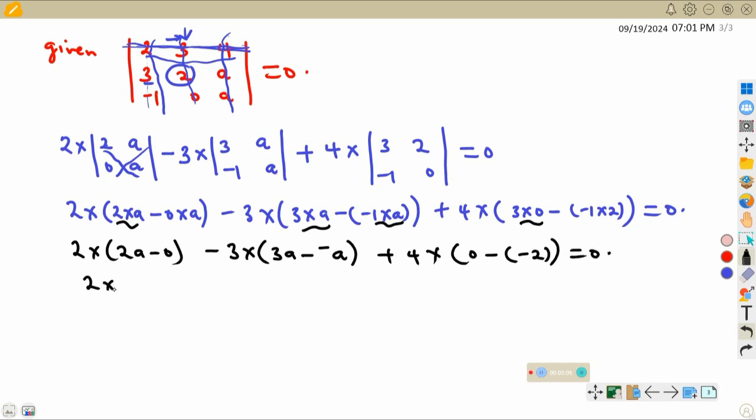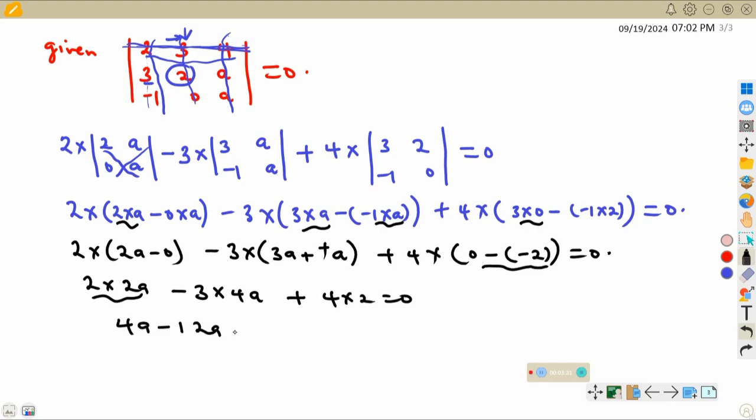So from here we shall have 2 times 2A, minus 3 times this, and this will give us 4A plus 4. Let us look at this. This one here is positive 2 times 2, which is equal to 0. So this one here will give us 4A minus 12A, and we are adding there 8, which is equal to 0.